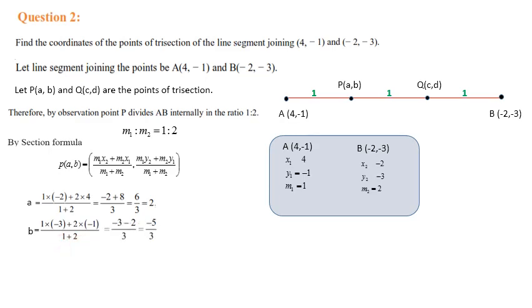Go for the calculation: 1 into -3 is -3, 2 into -1 is -2, divided by 1 plus 2, that is 3. So -3 minus 2 gives -5, divided by 3. So -5 by 3 is the y coordinate. Both the coordinates of P we have got, that is 2 and -5/3.